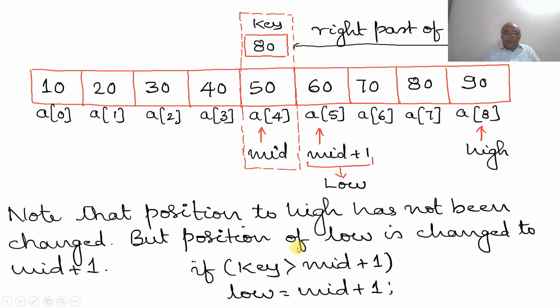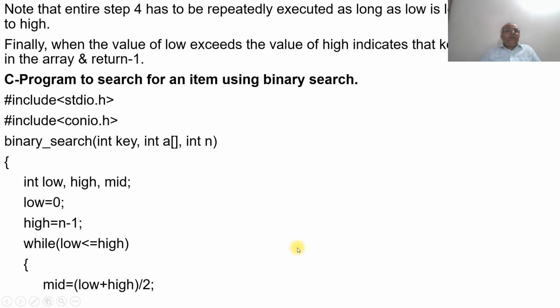So now we will take up a simple example of how to search. Note that the entire step has to be repeatedly executed as long as low is less than or equal to high. Finally, when the value of low exceeds the value of high, it indicates that the key is not present in the array, and we return -1.